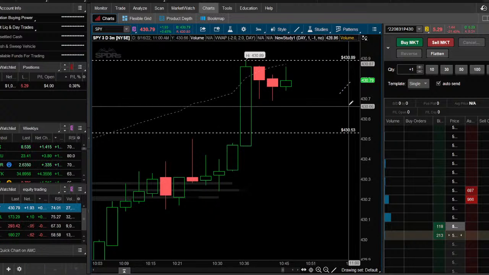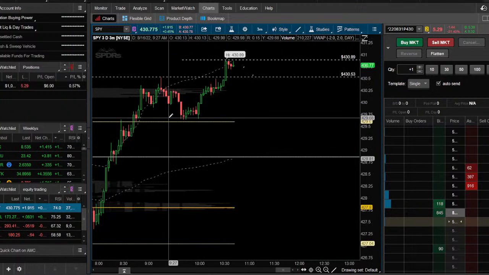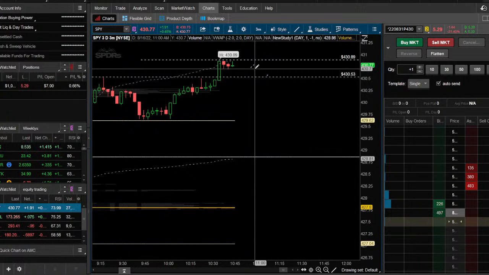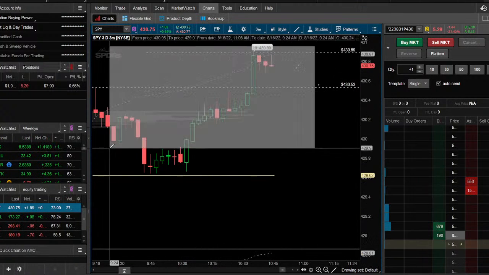And just remember, it could potentially still hold this breakout. We could even close around here, you know? I have no clue what is about to happen.